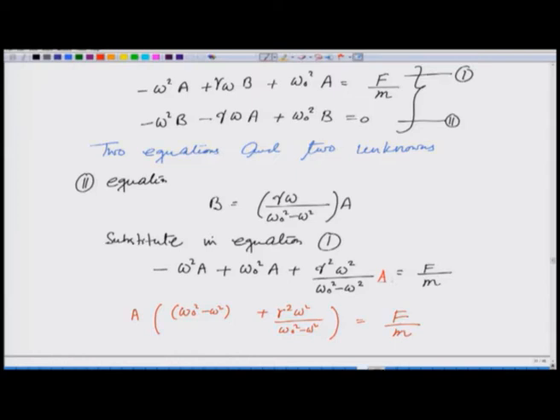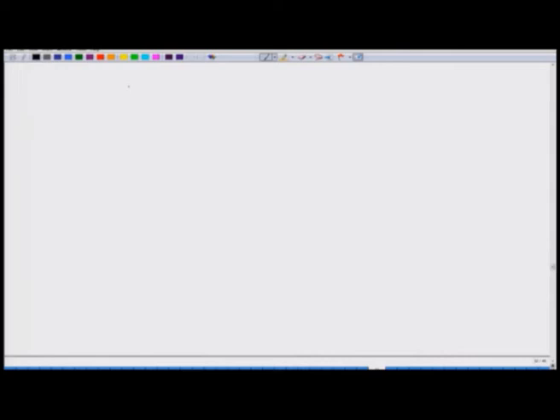Let us write that explicitly. So, I get A equals omega 0 square minus omega square over omega 0 square minus omega square, whole square, plus gamma square omega square, times f over m. And what was B?